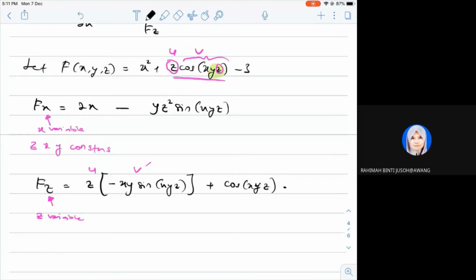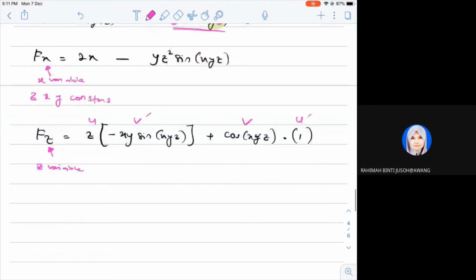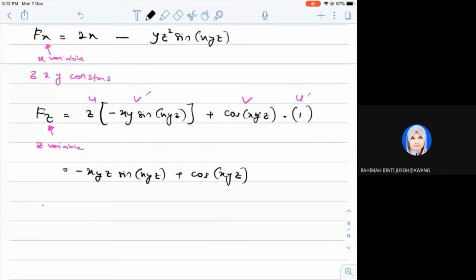Multiply by differentiate z, we get 1. So this is vu prime. Okay, so we will have fz equals to negative xyz sine xyz plus cos xyz. Okay, therefore this, we can proceed.